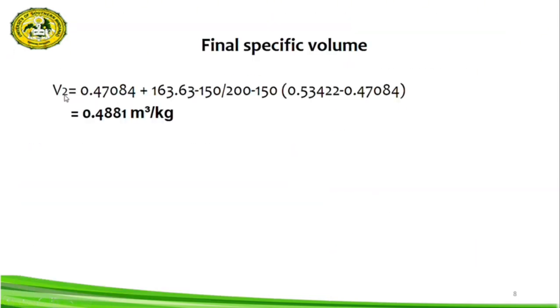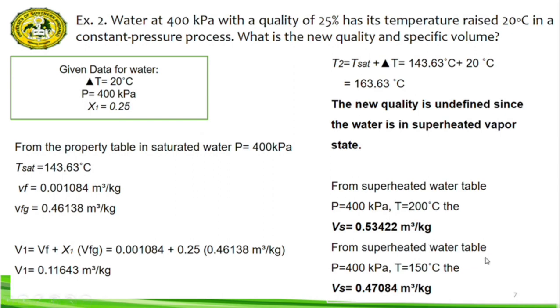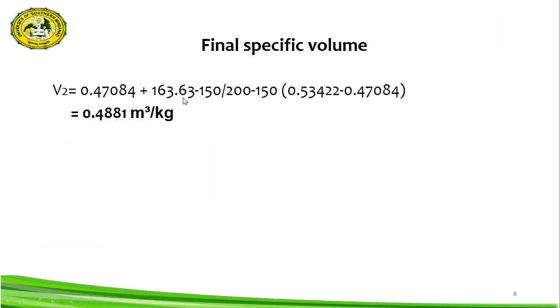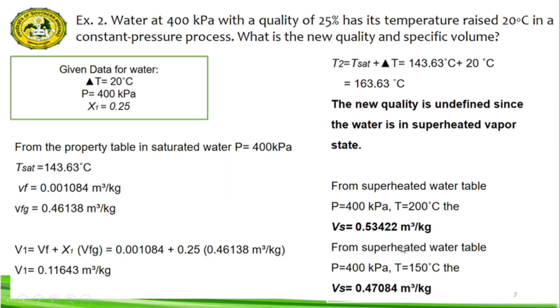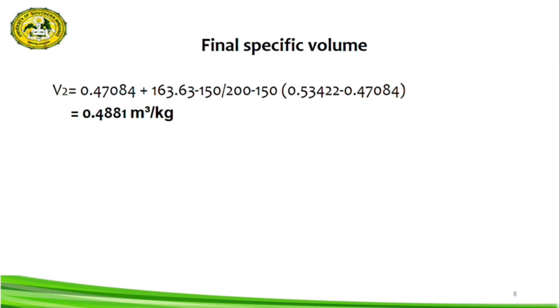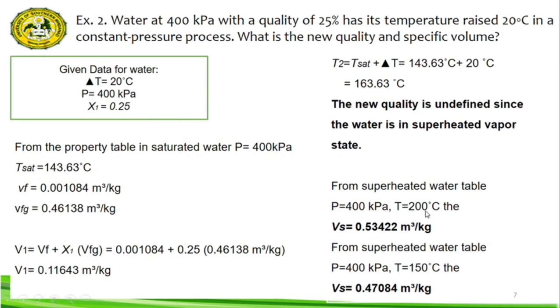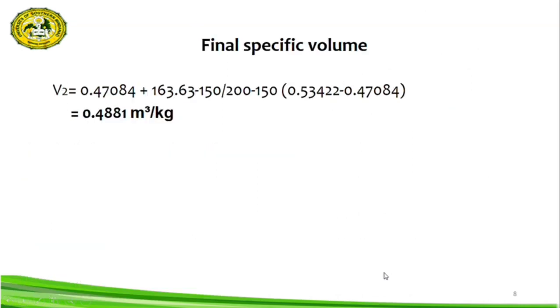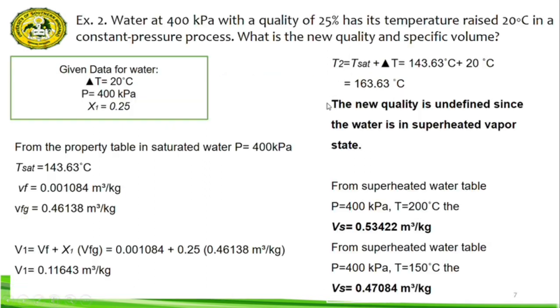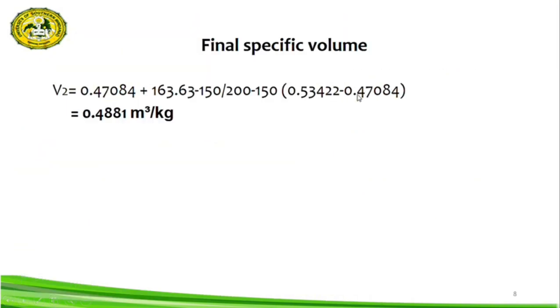The final specific volume is equal to 0.47084, which is from the superheated water table at P equal to 400 kilopascal and T equal to 150 degrees Celsius, plus 163.63, which is our final temperature, minus 150 degrees Celsius, over 200 minus 150 from our superheated water table at P equal to 400 kilopascal, multiplied by 0.53422, which is our specific volume at T equal to 200 degrees Celsius, minus 0.47084, which is our specific volume at T equal to 150 degrees Celsius.